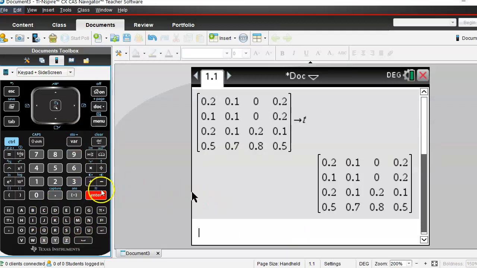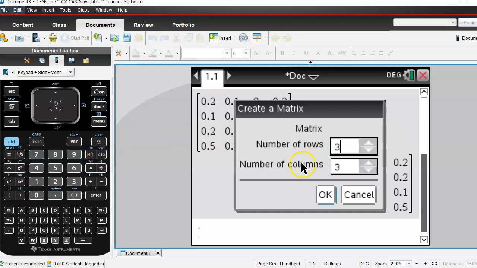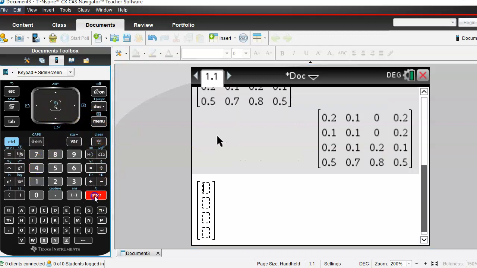I'm also going to put in my initial state. So that means that there's one column and 4 rows.